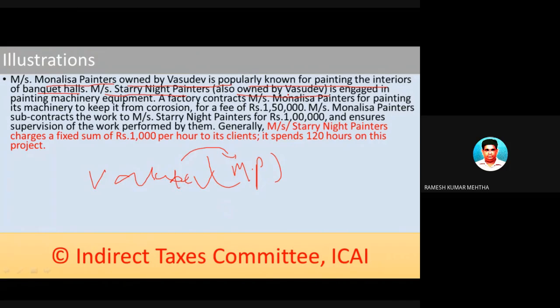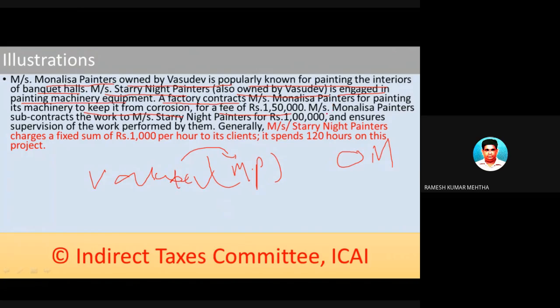Then we have to take into account something else, like, number one, open market price. We have already dealt with this. This company is engaged in painting machinery equipment. A factory contracts this Mona Lisa Painters for painting its machinery to keep it from corrosion for a fee of 1,50,000.